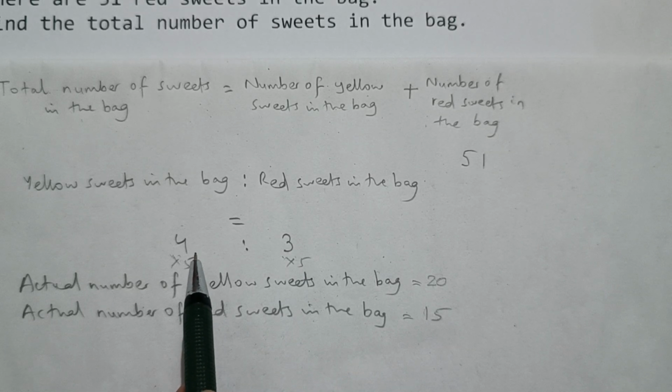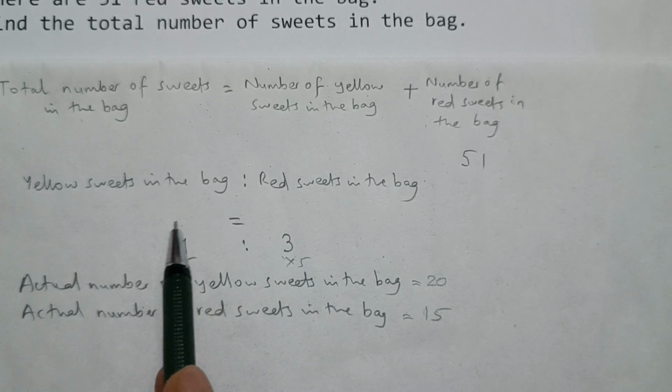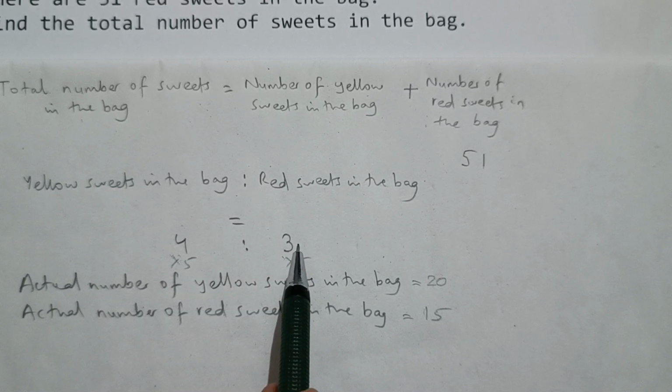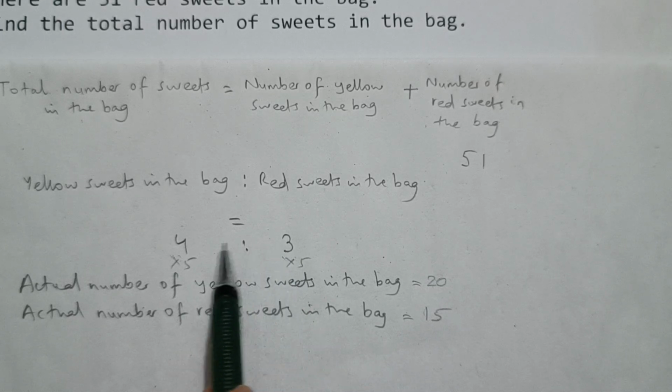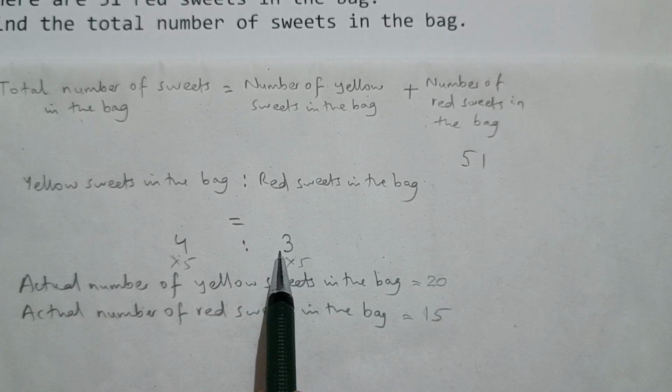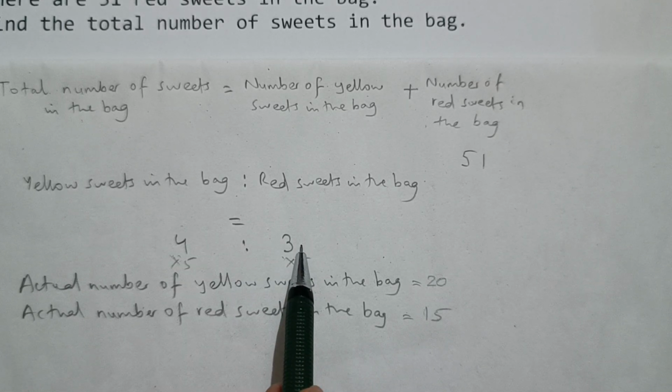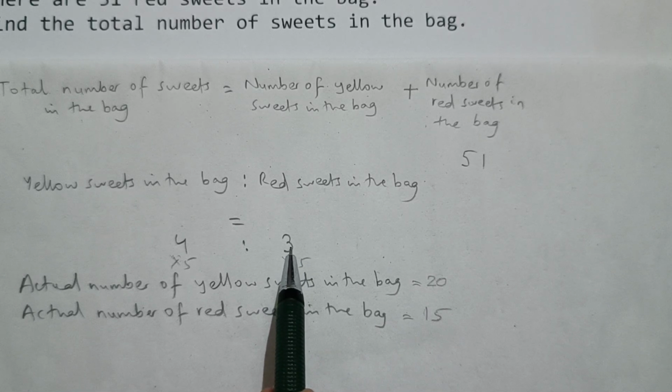And because I do not know the exact number by which I have to multiply this ratio, let us multiply this ratio by a variable. And let us take that variable as x.